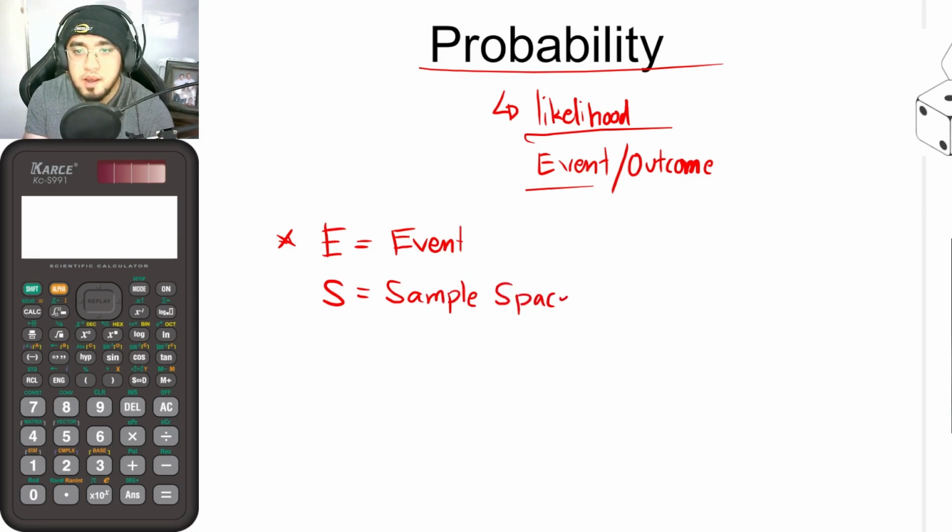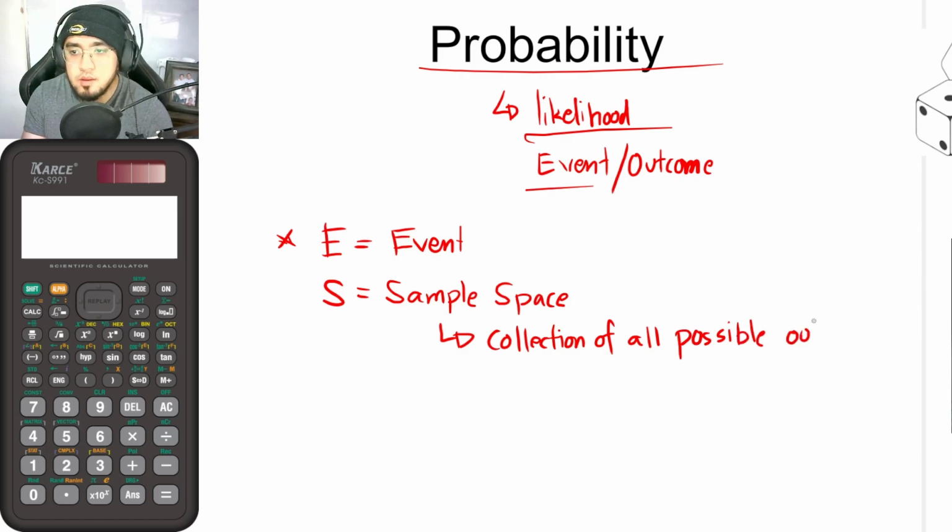The sample space is basically the collection of all possible outcomes.